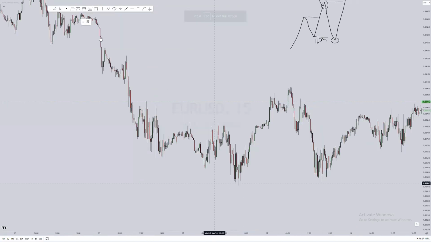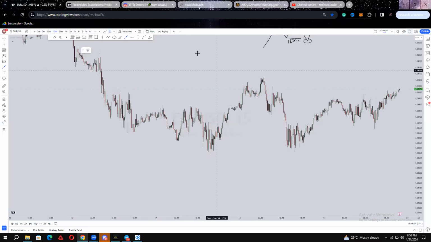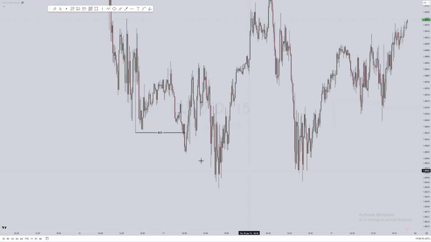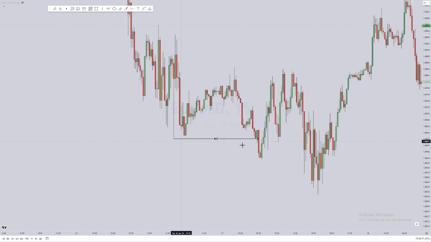First of all, you can see the market broke structure right here. After price broke structure right here, you can see price broke structure right here.